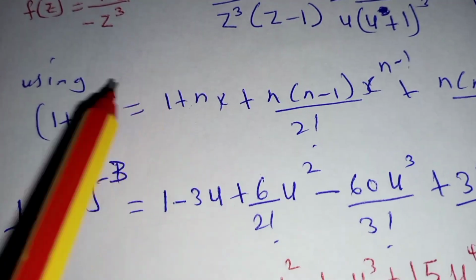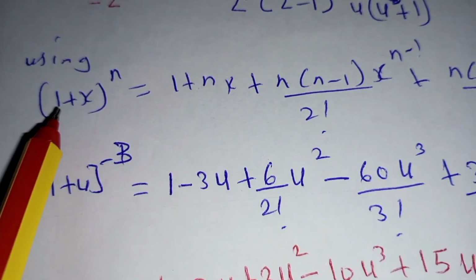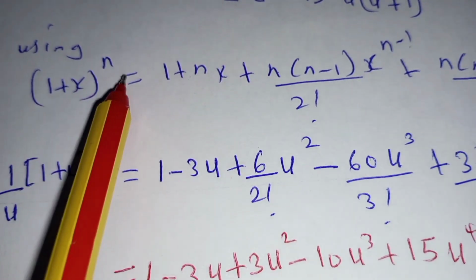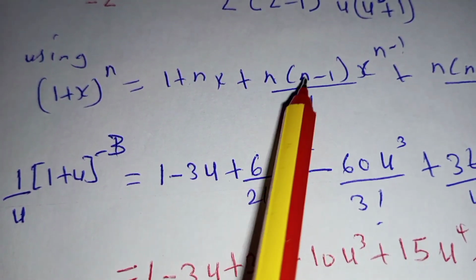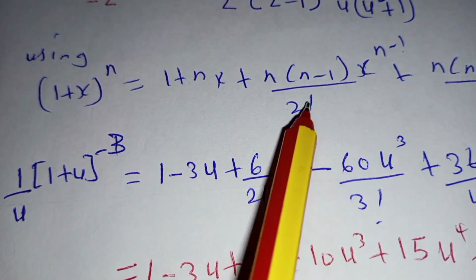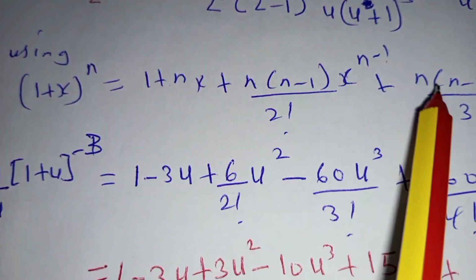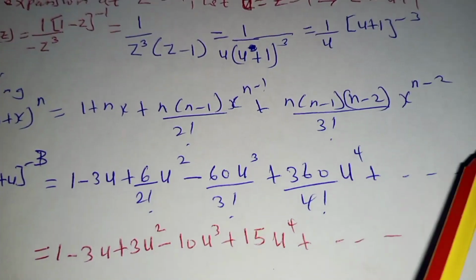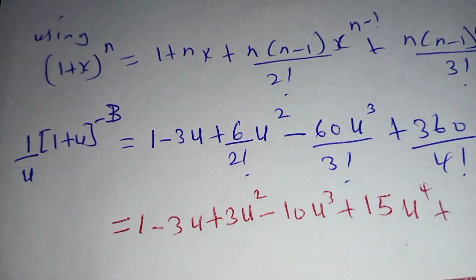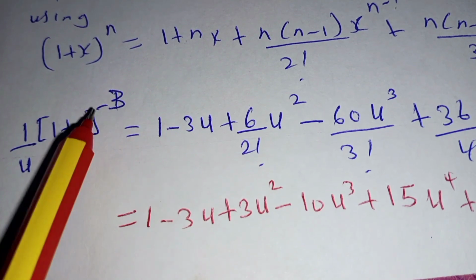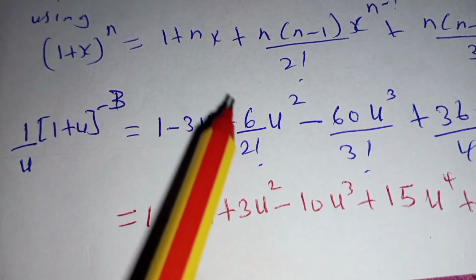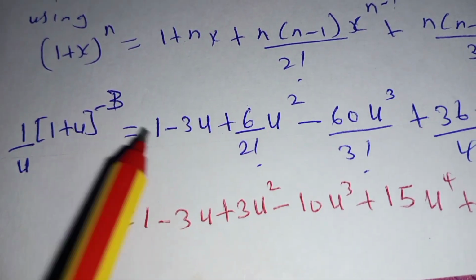Then we use the fact that if you have a series like this one, 1 plus x to the power n, the result is 1 plus nx plus n into bracket n minus 1 over 2 factorial, x to the power n minus 1, all the way to the last term. So making use of that fact, our n is 3.